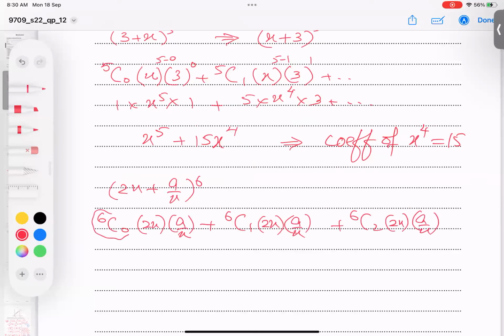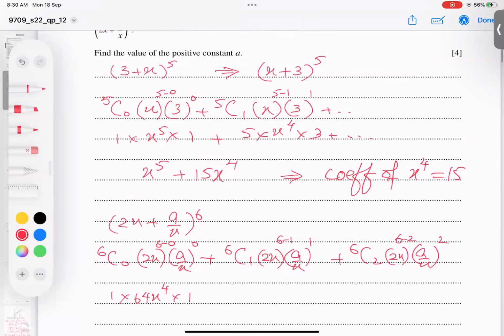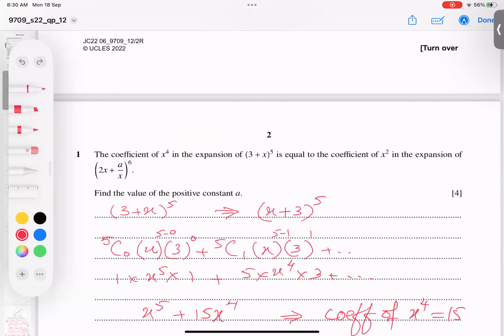The difference of 6 and 0 comes on the top, 0 comes here. The difference of 6 and 1 comes on the top, and 1 comes here, and 6 minus 2 and 2. So 6C0 is 1, you know it very well, and 2 to the power 6 is 64, and x to the power 6, and something to the power 0 is 1. What I'm looking for is x to the power 2.